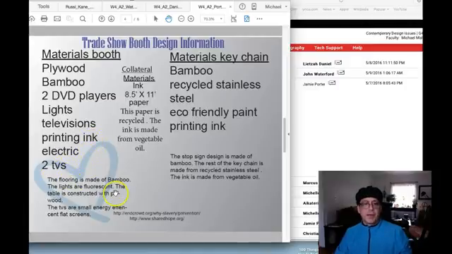Okay, and then the lights are fluorescent. We certainly know that fluorescent lights are not the most sustainable way to go. Plywood, again, glue. So really let's get in here, man. Let's get some research done and really explain to me and sell this thing to us as to why you're making good, sustainable decisions. Show me some research.